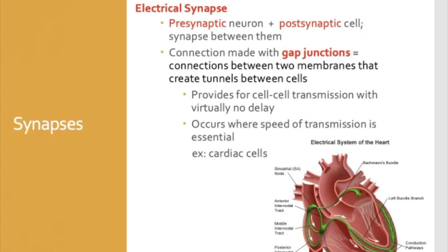And the heart is one such example. But there are other places in the nervous system where that is not acceptable, where that doesn't work very well, because we need to start doing some fine-tuning of the electrical signal. Whatever's coming down the presynaptic neuron, we want to modify it a little bit in the postsynaptic cell. And that's where the chemical synapse comes in.